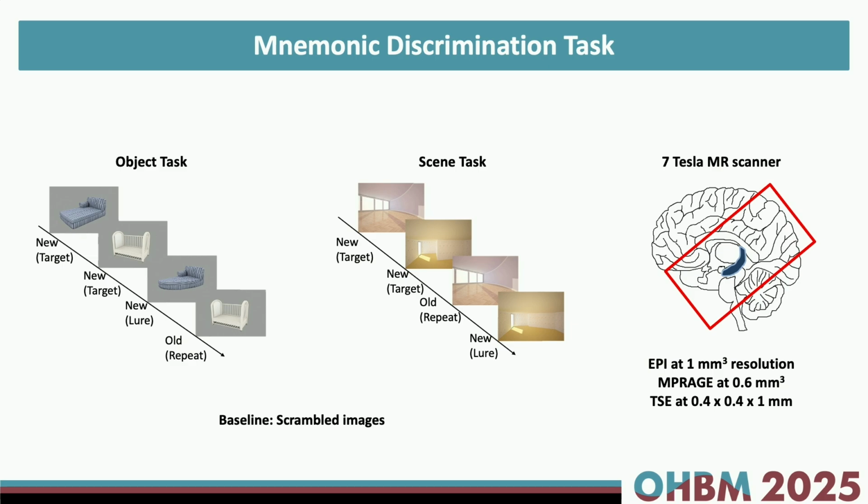The idea here is that you're always being presented with new targets, and then after that, you're either presented with an exact repetition of that target or a lure that has some shared features to varying degrees of feature overlap. And we did this in a 7 Tesla scanner with healthy younger adults and a 1 millimeter isotropic resolution for the functional image.